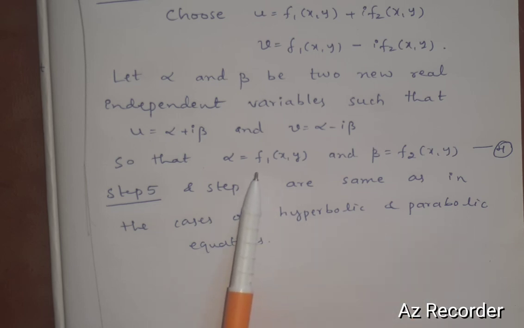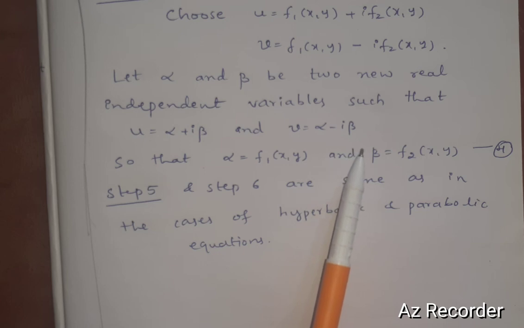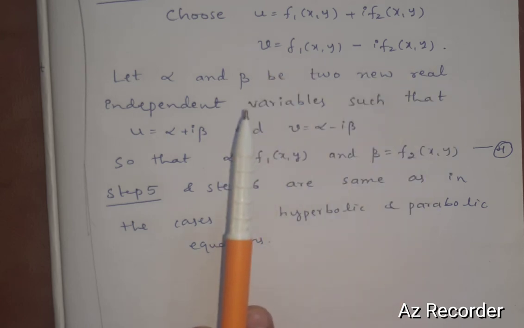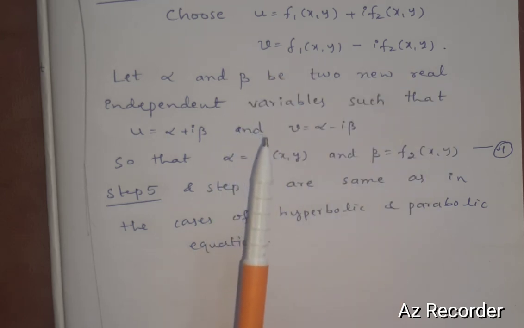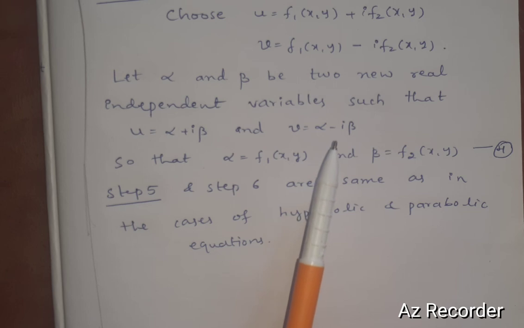That is, in step 5 we have to find p, q, r, s, t using alpha and beta. Then you have to resubstitute that in equation number 1, the general form of the second order PDE. And after simplifying, you will get the canonical form. So let us see some examples in the next video.